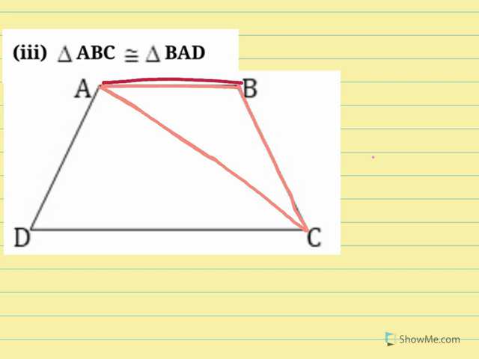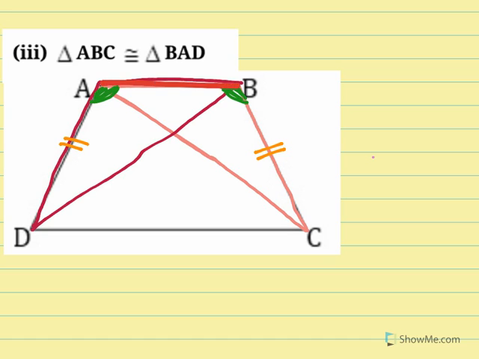Now that is BAD, this triangle. I have to show these two triangles are congruent. Now we have already shown earlier that A equal to B. This was already proved. AD equal to BC was given to us, and we have AB is common. So by SAS test the triangles are congruent.